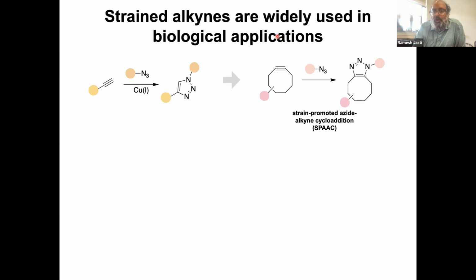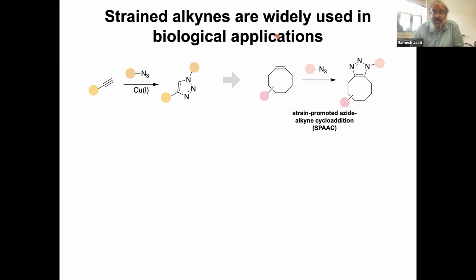A more modern version of that is the strain-promoted azide-alkyne cycloaddition reaction. That one has been used in biology immensely, because basically if you have an alkyne that's strained, it's bent, it's so reactive, you don't need the copper catalyst. And that's important because then in a biological system, you could have a click reaction occur and you don't need that copper to be in the system.